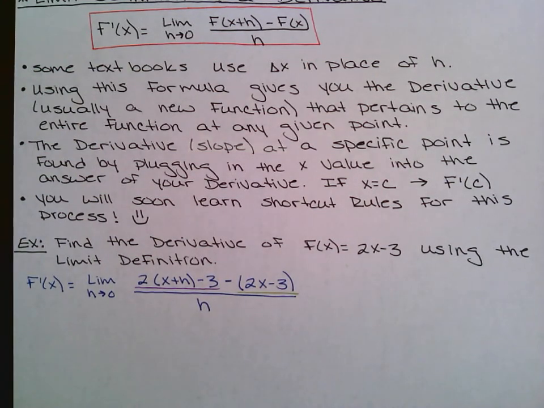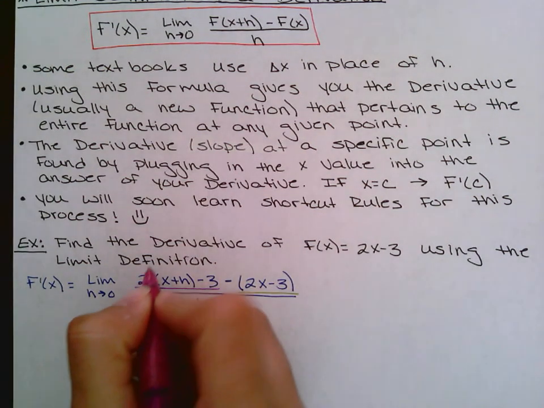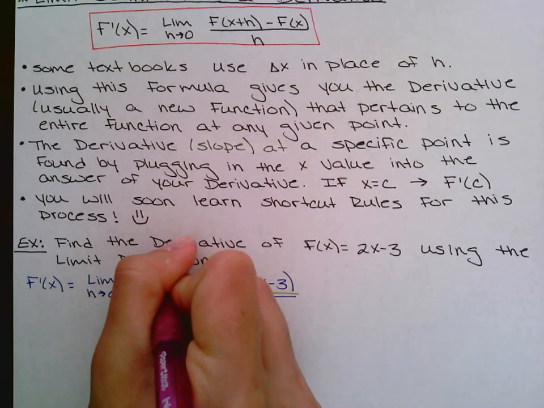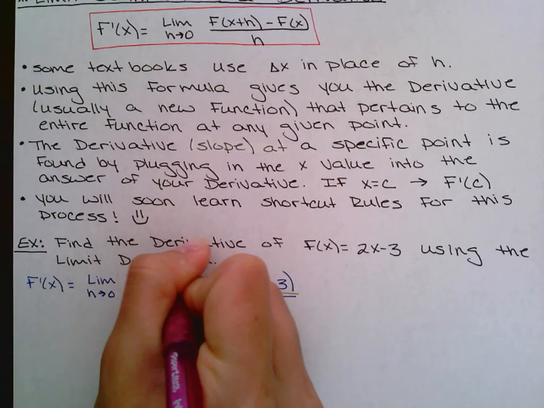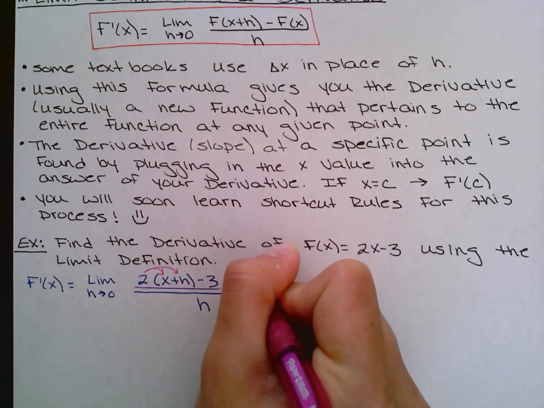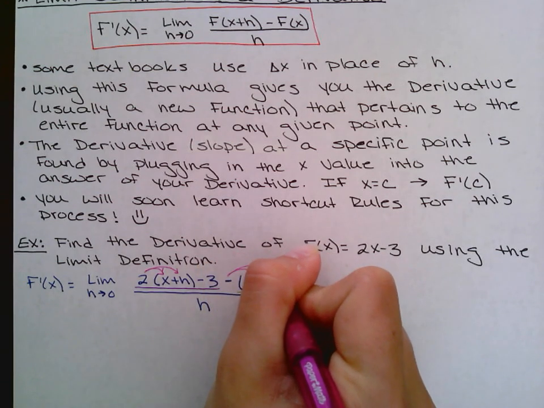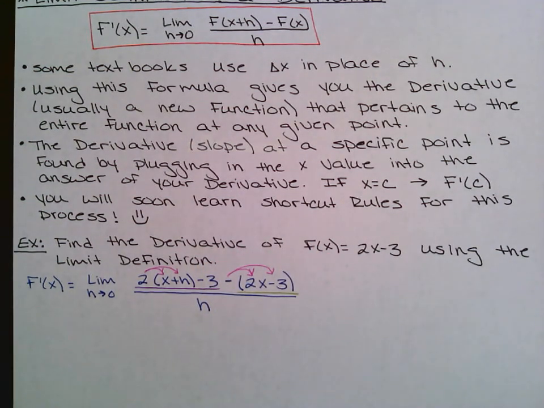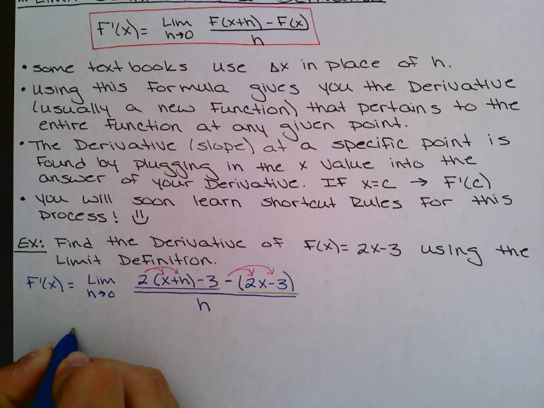Okay? So we will say that step 1 is to plug into the formula. Step 2 now is going to be to clean. Okay? So when you clean, I'm going to distribute this 2 and distribute this negative. So I'm going to bring down my equal sign.